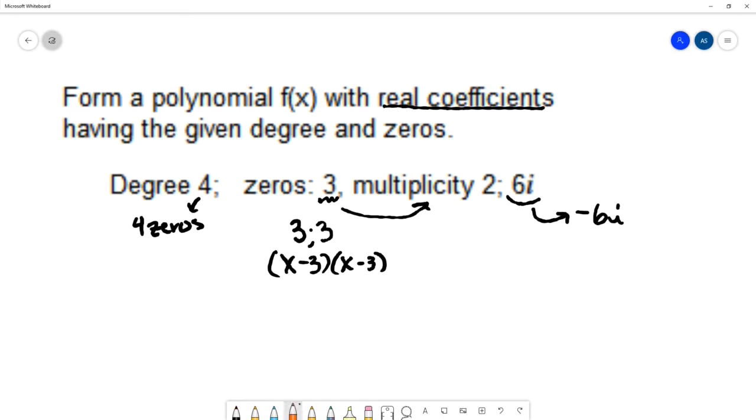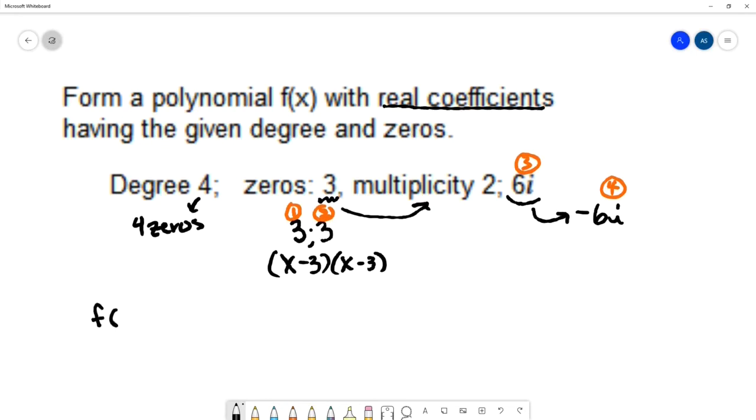So this gives us our 4 zeros. We have the 2 repeated 3's, we have the 6i, and using the conjugate pairs theorem, I know I also have a zero of negative 6i. So this is going to allow me to form the polynomial using all those zeros.